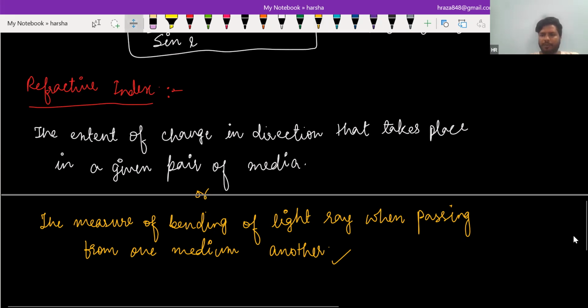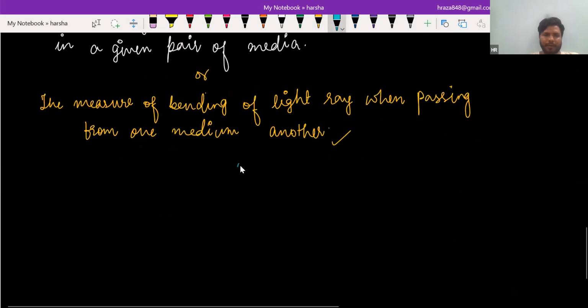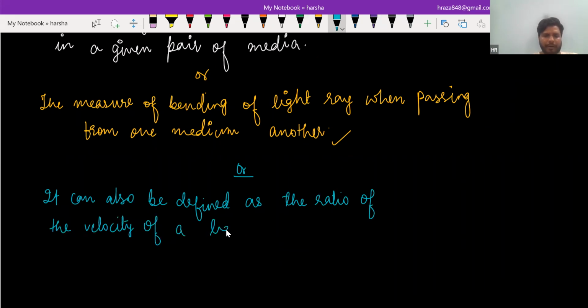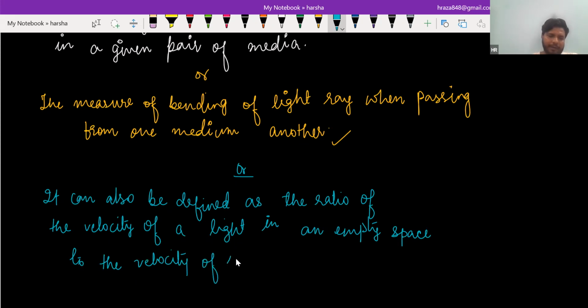Now see another definition of refractive index. It can also be defined as the ratio of the velocity of a light ray in vacuum to the velocity of light in a substance or in a medium.